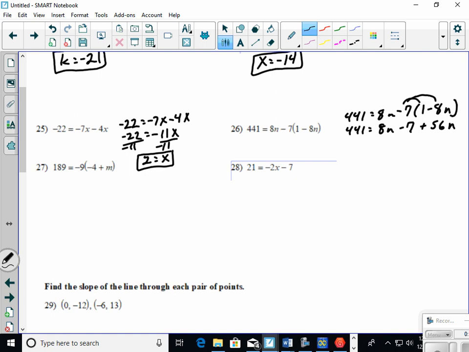So 8n plus 56n. If we combine those, that's going to give us 64n minus 7. Add the 7 to both sides.